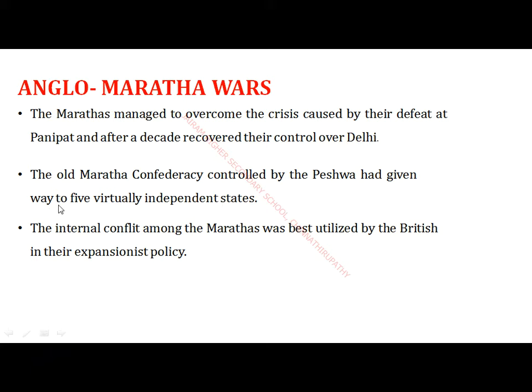These are all the 5 independent states which came under the control of the Peshwas.